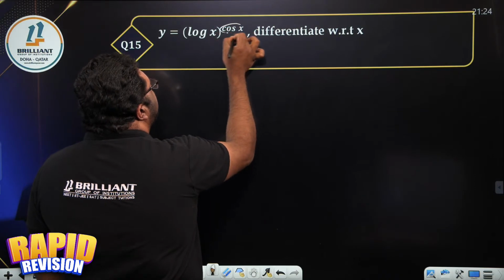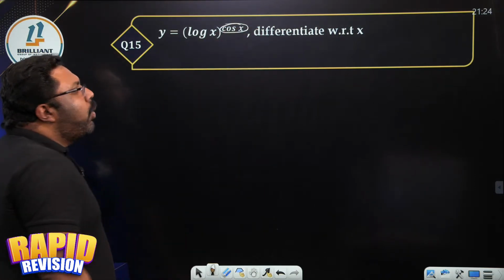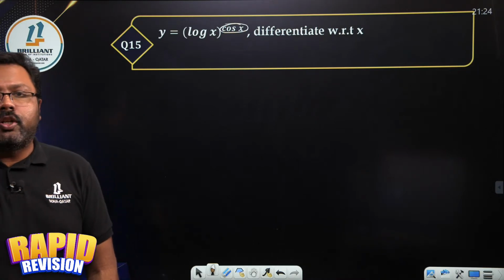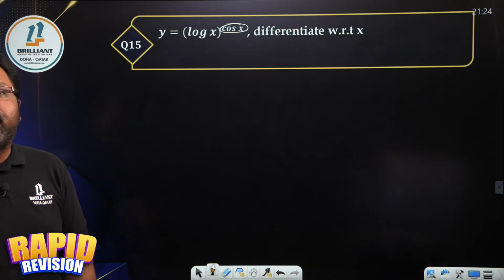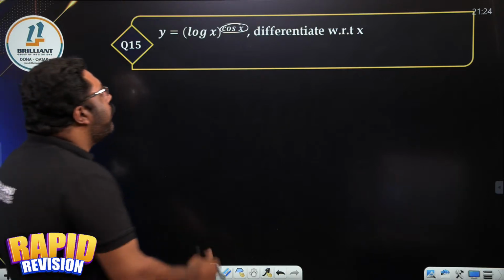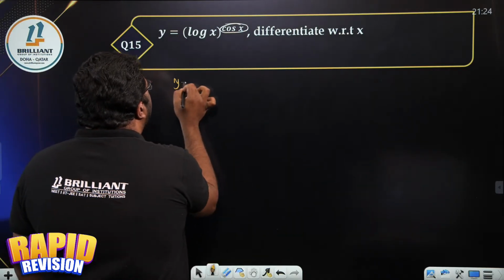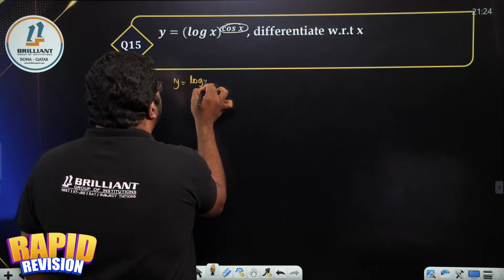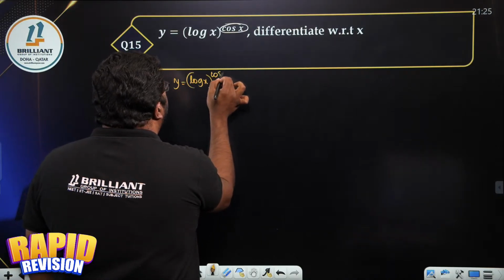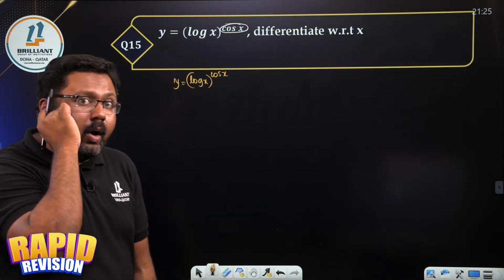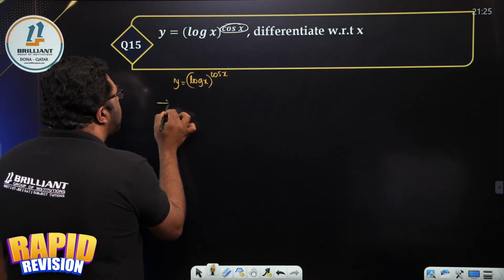Logarithmic differentiation is done only if your power is a variable x or a function of x. So I'm going to say y is equal to log x raised to cos x. My idea is to bring the function of x down, so apply log on both sides.